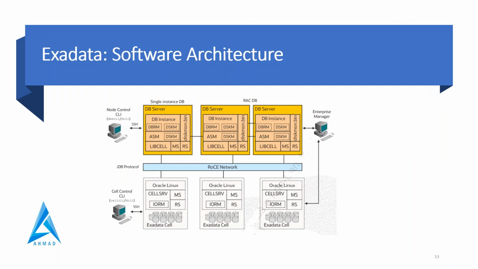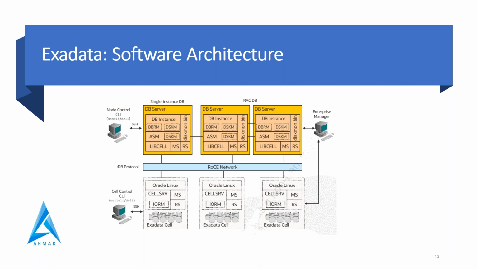Now, what is Exadata software architecture? So we have Exadata hardware architecture and we have Exadata software architecture. This is the diagram of the software architecture where you can see single instance database, RAC database, and ROCE network. Then you have Oracle Linux, where you have CellSRV, IORM, MS, RS, and Exadata Cell.